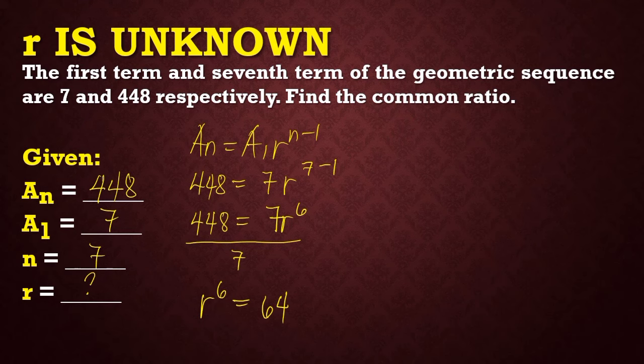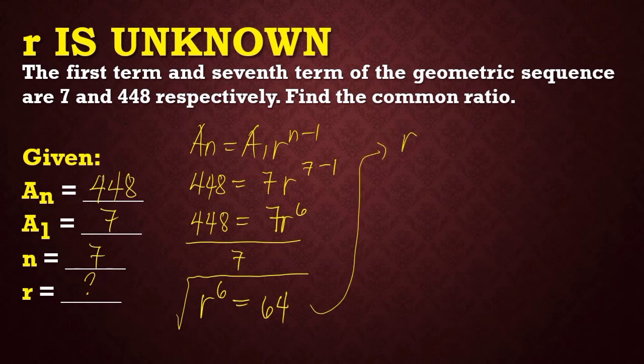So, hinahanap lang po natin is yung common ratio, which is r lang. Meron pong exponent na 6 po yung r. So, ang gagawin natin, i-extract natin yung 6th root ng 64. So, anong number na kapag ni-raise natin sa 6, lilitaw yung product na 64. And that is 2.